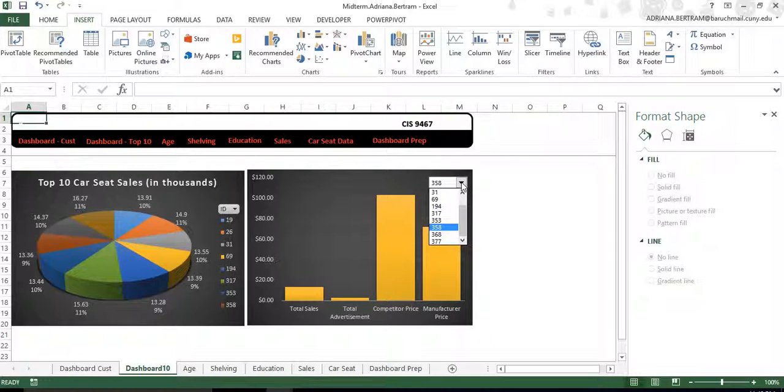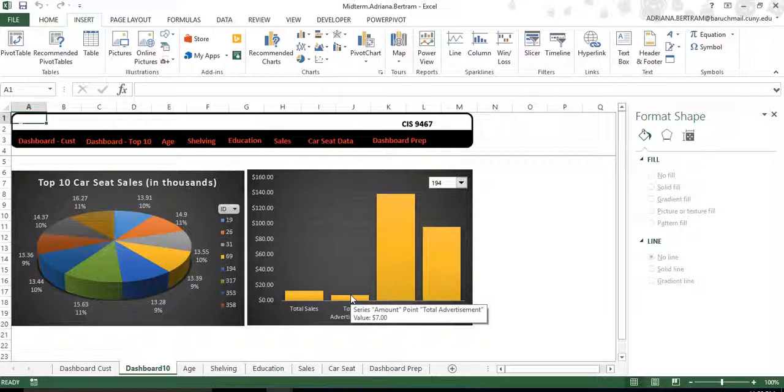So for instance, location 194, you see it changes, not too much for the competitor price, but for total sales, they have about, again, this is in thousands, so this looks like about $10,000, but for total advertisement, looks like maybe $5,000. So they spent less on advertisement than they did in sales, which is good. That means they made a bit of a profit.